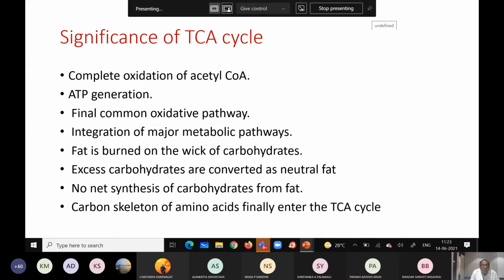There is no synthesis of carbohydrates from fat; actually it is from carbohydrates to fat.